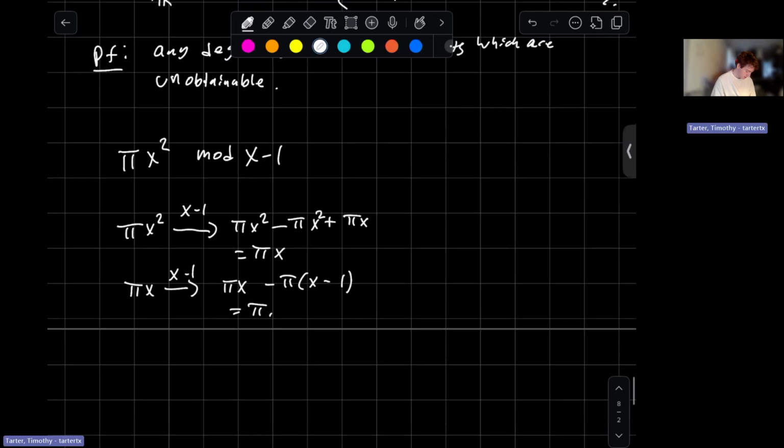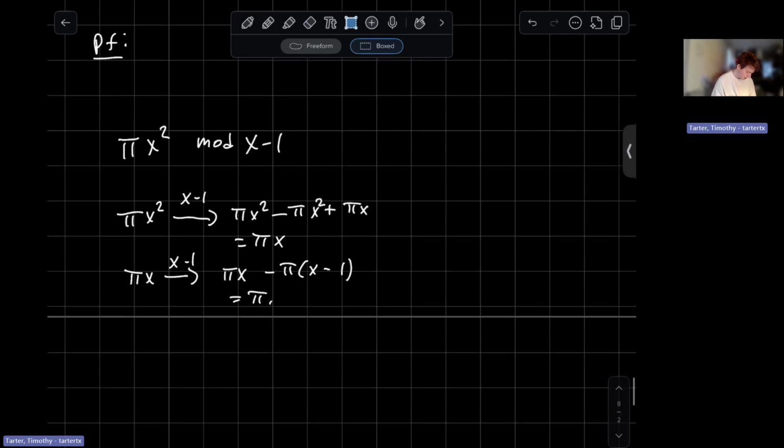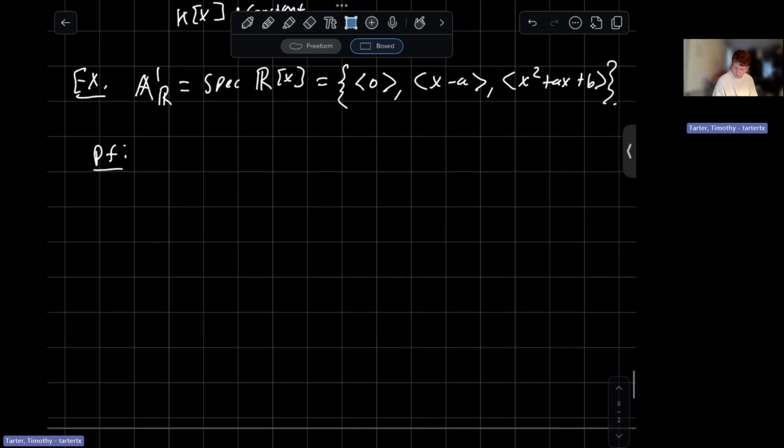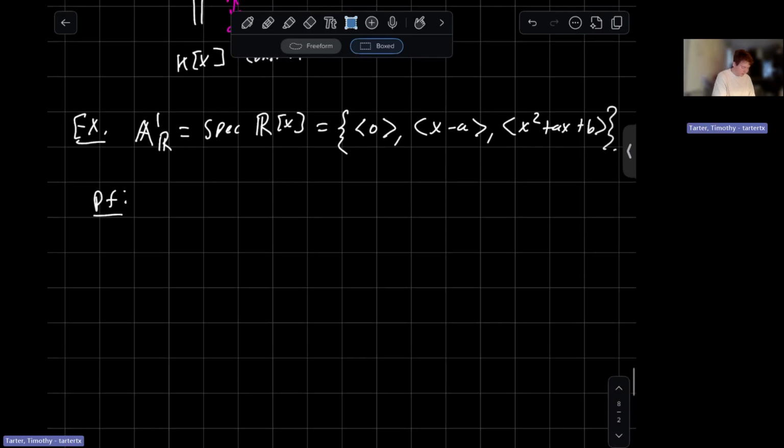So even for transcendentals, I guess maybe this isn't even the right argument, but I know it has to do with irreducibility.